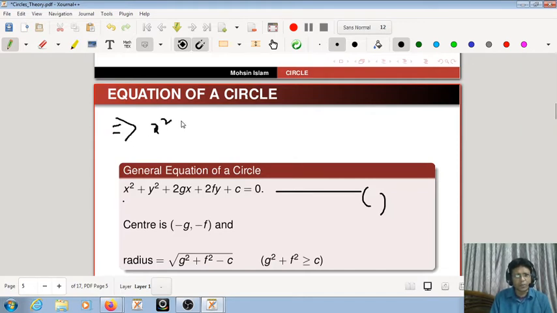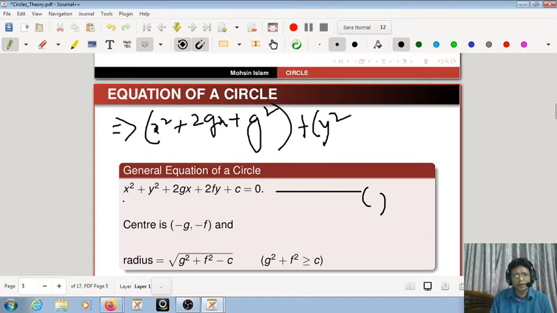Suppose I am writing x square plus 2gx plus g square, trying to make a whole square. That is why I took g square, plus y square plus 2fy plus f squared, equal to, so you have taken g square plus f square as an extra term. So on the right hand side, to nullify g square and f square, I am writing g square plus f square, and c was there, so I am writing minus c.